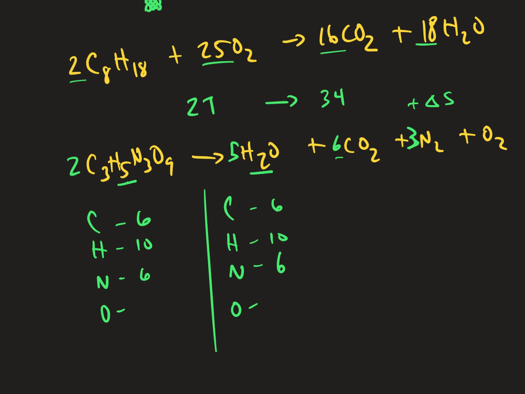How many oxygens do we have on the left? 18, right? How many do we have right here for water? 5. How many do we have here for carbon dioxide? 6, almost. 12, right? 6 multiplied by 2.